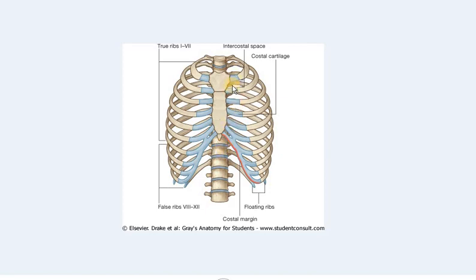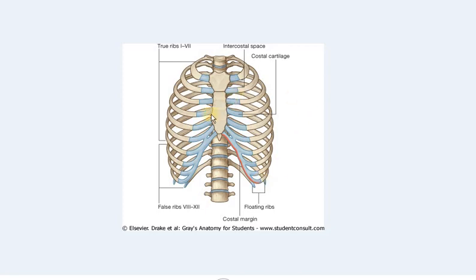And this blue colour structure shows the cartilages, because the osseous parts of the ribs connect to the sternum with the help of these cartilages. That's why this junction is called the costochondral junction.